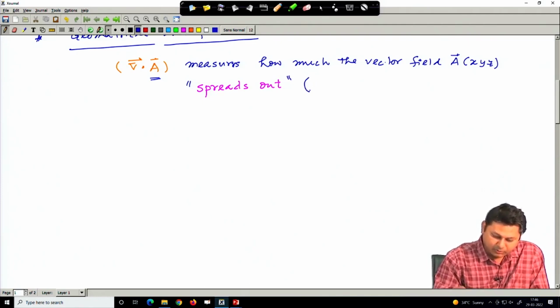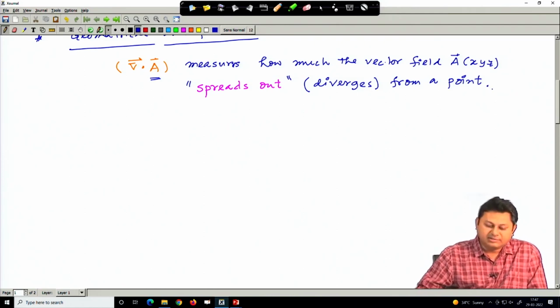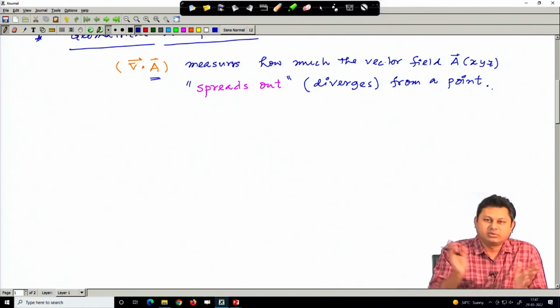Or in other words, how much it diverges from a point. So, if a vector field A is given to you, this operator measures how much it spreads out or diverges from a given point.